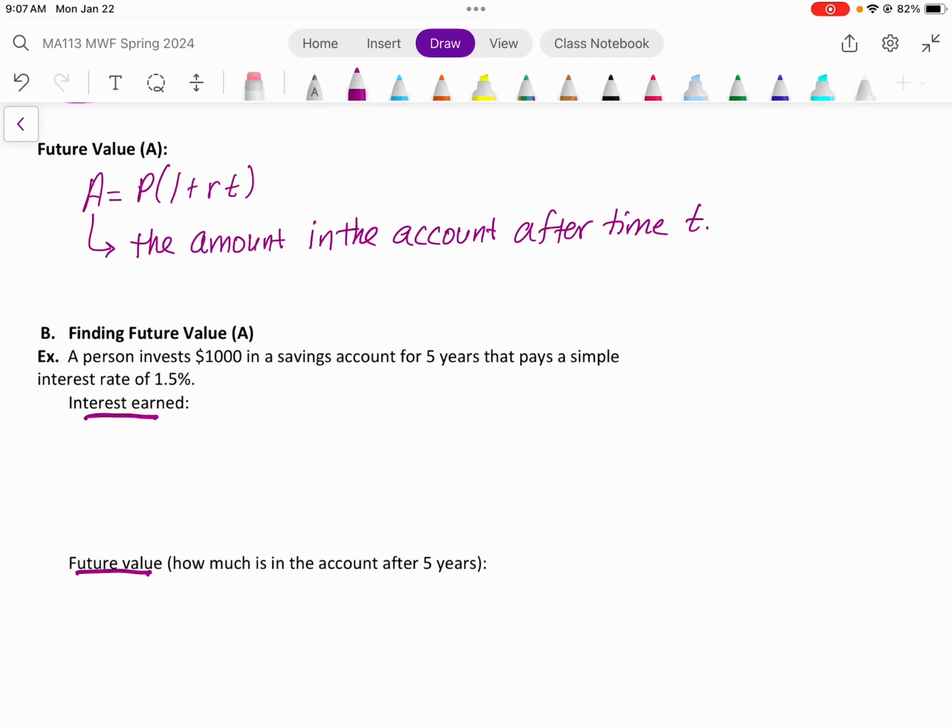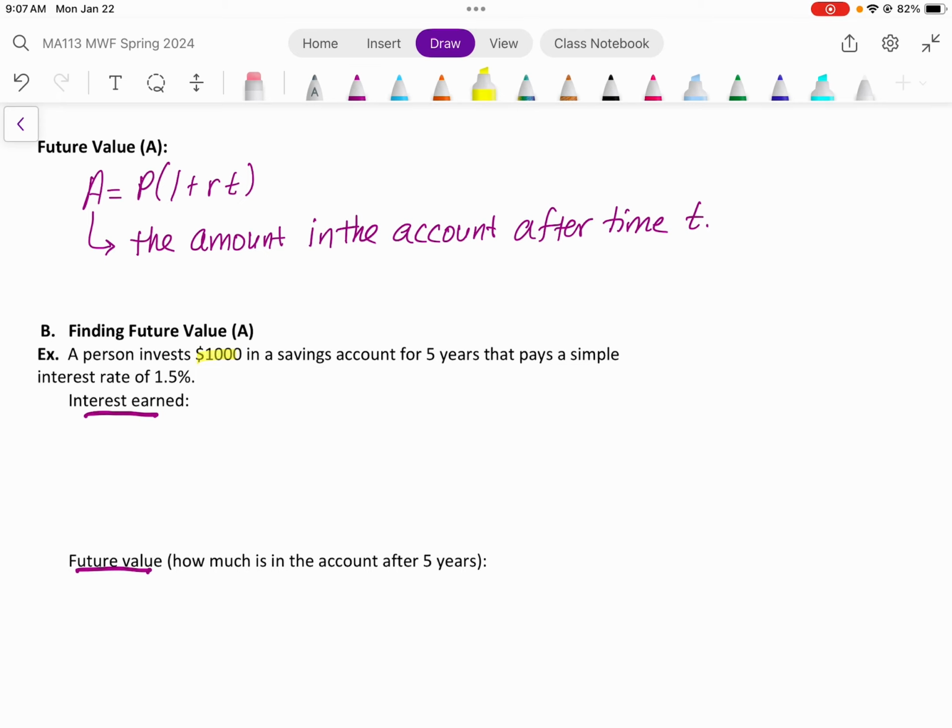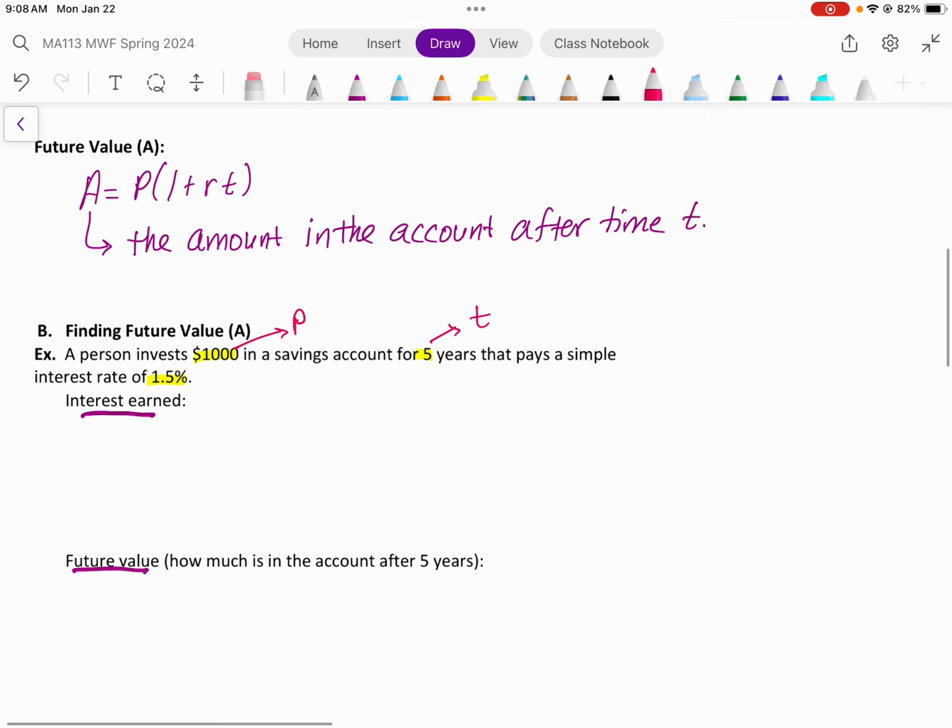So let's do our first example. A person invests $1,000 in a savings account for 5 years that pays a simple interest rate of 1.5%. We're going to go through and identify everything first. The invested amount, that's your principal, P. There's your time. And the rate is 1.5%, 0.015.